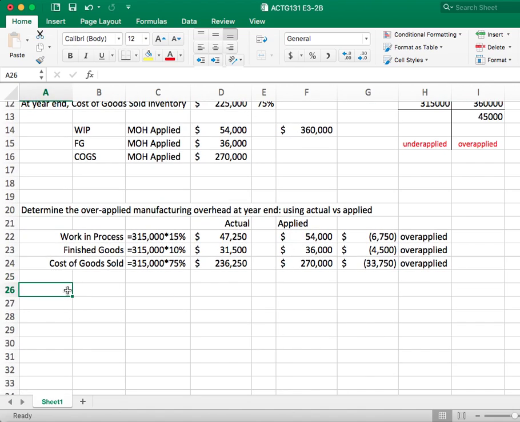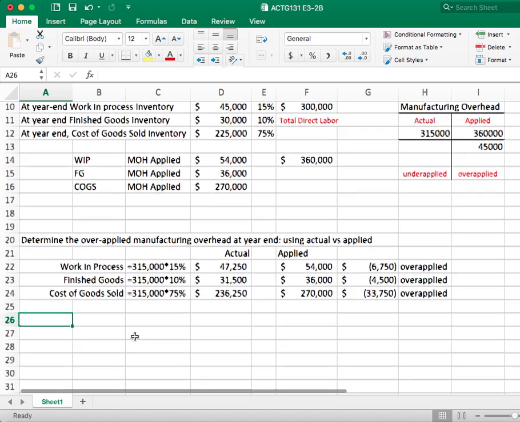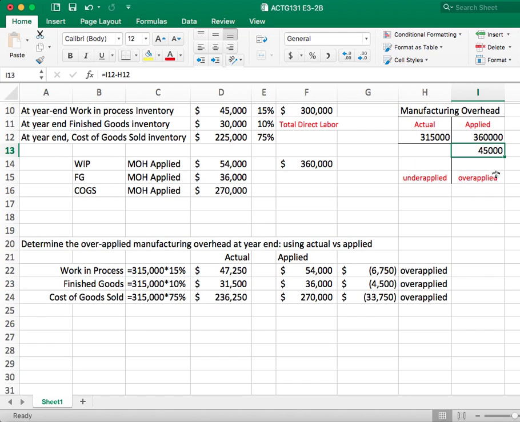For the second part of this problem, we need to redistribute this over applied amount into these different accounts: work in process, finished goods, and cost of goods sold. To do that, we would need a debit in manufacturing overhead in the amount of $45,000.